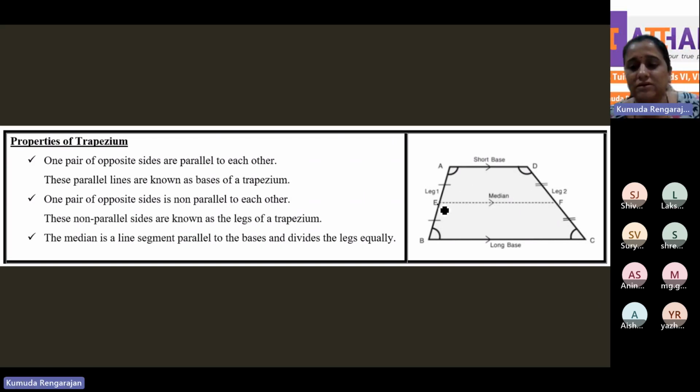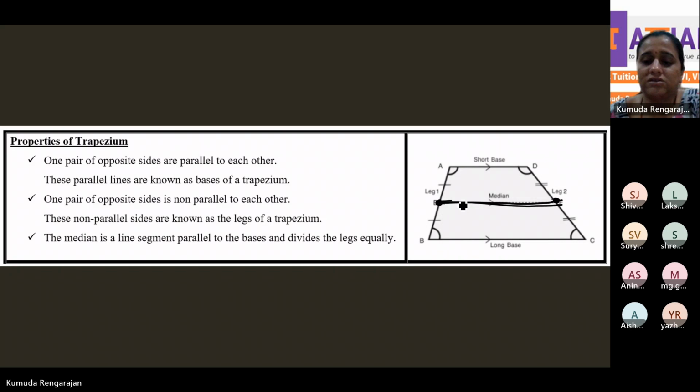The line segment joining the midpoints of the non-parallel sides of a trapezium is called the median of the trapezium. This is a line segment, and how do we get it?